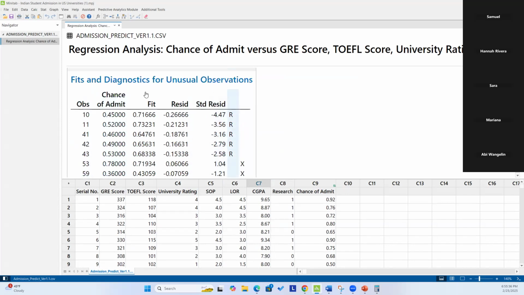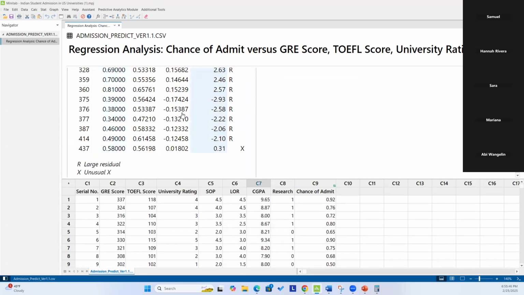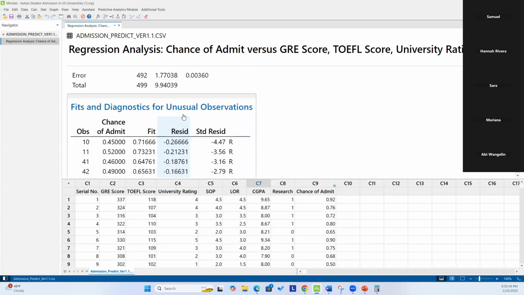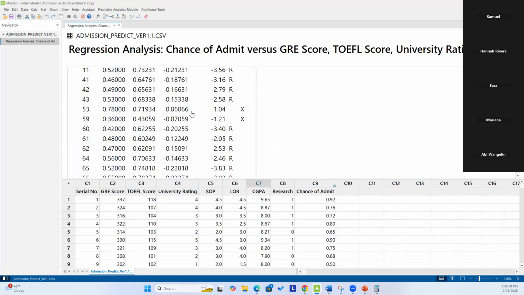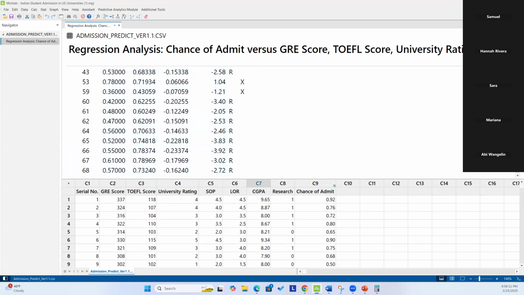It is saying that maybe due to chance or error, or some other things, these values are behaving unusually. If you want better results, you go and check with the people who have given this information if it is correct, or you can remove them from the model. So these are unusual observations.